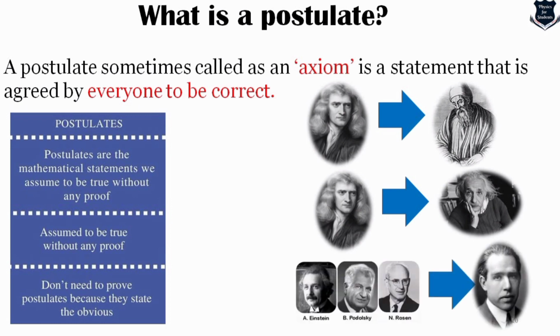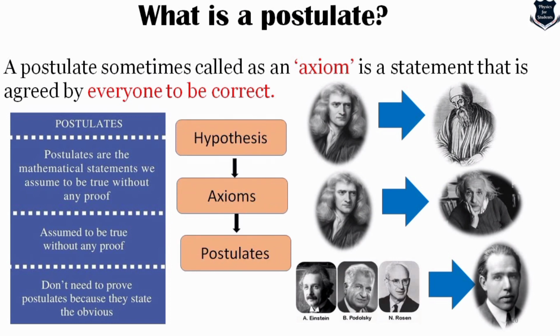Another paper of Albert Einstein and co-workers, the EPR people, almost immediately contradicted Niels Bohr concerning the interpretation of quantum mechanics. So we see that postulates often get changed. The hypothesis, then the axiom, and then the postulates. These things change.